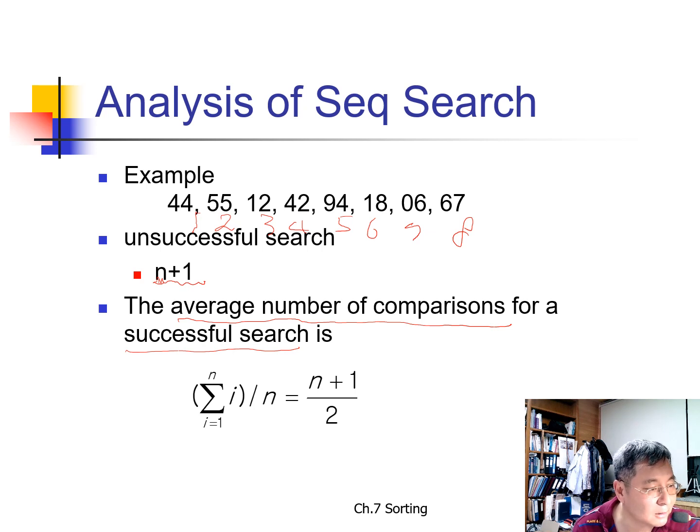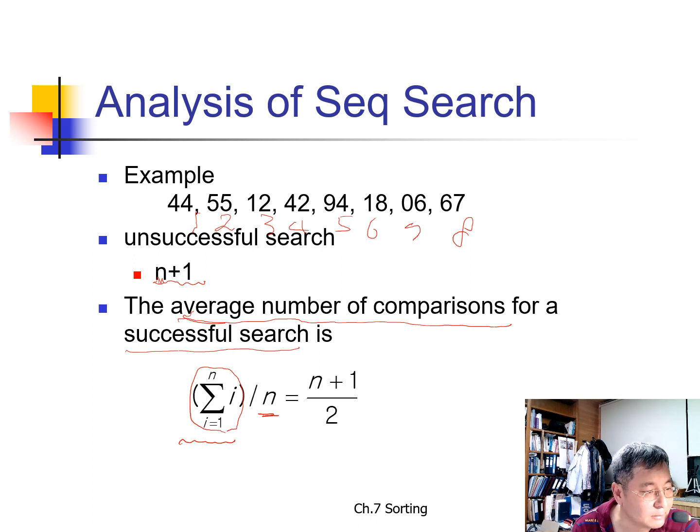That means we will sum all of the necessary comparison values using this summation, and since this is an average, we will divide by n.